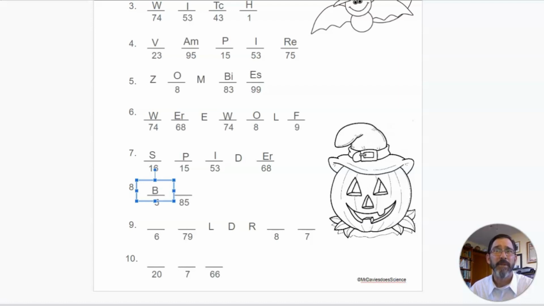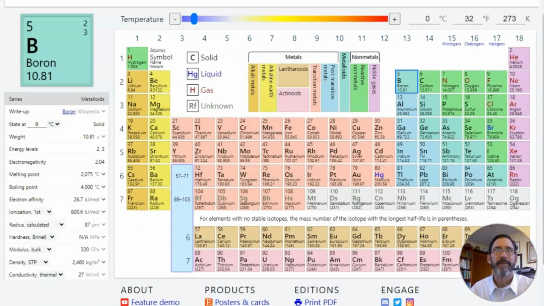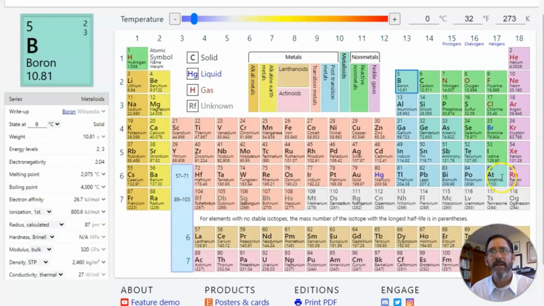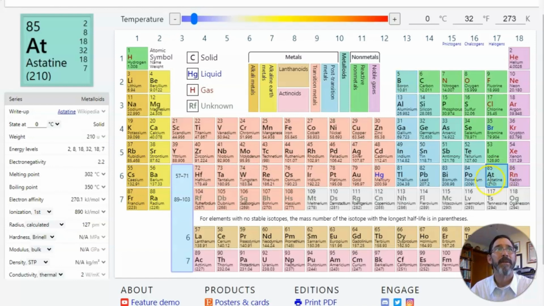The next atomic number is 85. Number 85 is actually in the same family as boron, but down on the other end, that would be astatine.